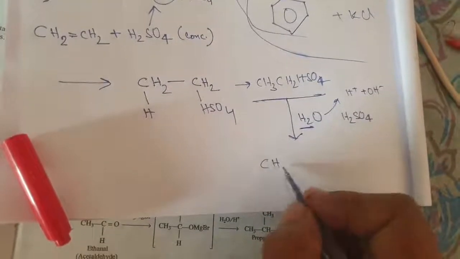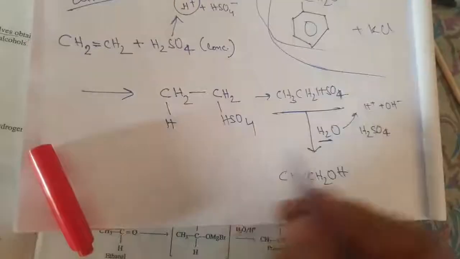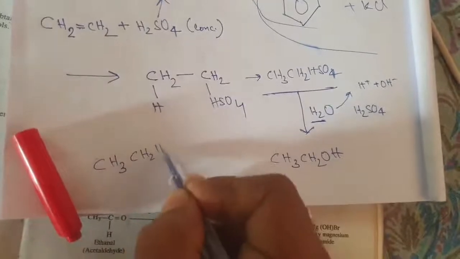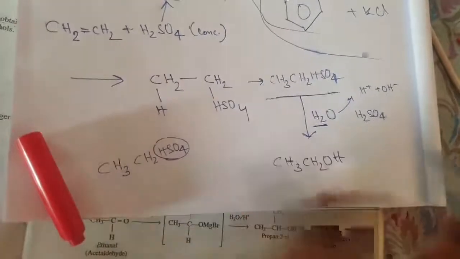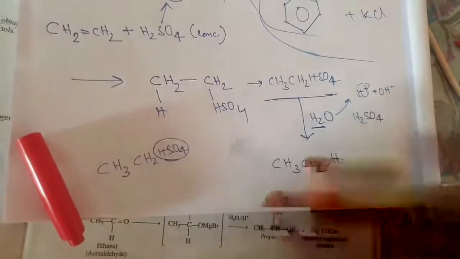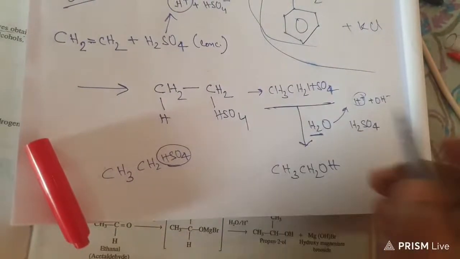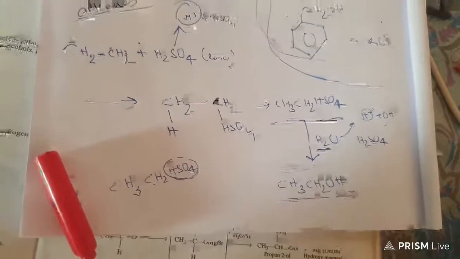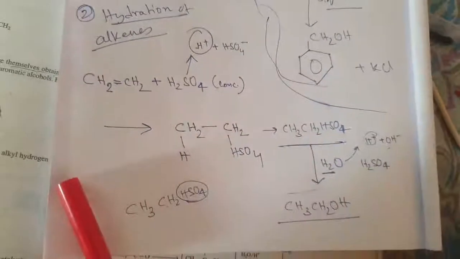So H2SO4 goes out, and it will be CH3CH2OH. How is this happening? CH3CH2HSO4 was there. This HSO4 will take away the H to form H2SO4, and the OH will enter. As simple as that. Is this understandable? Is this clear?